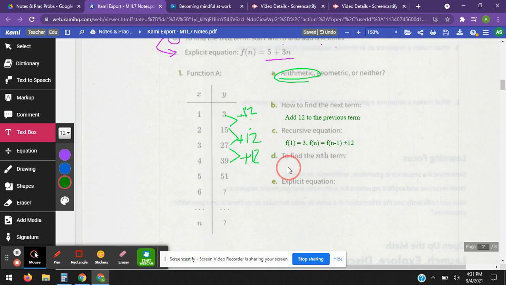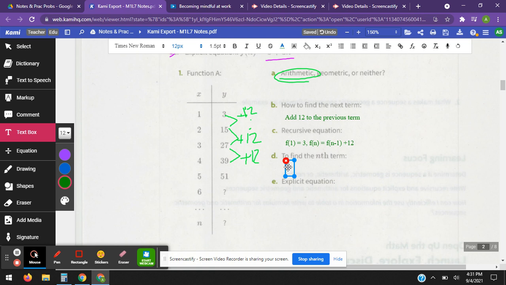Okay, so to find the nth term, we are going to start with 3. That's our first number here, right? Then add 12. Now if I start with 3, I only need to add 12 once to get the second term, twice to get the third term.